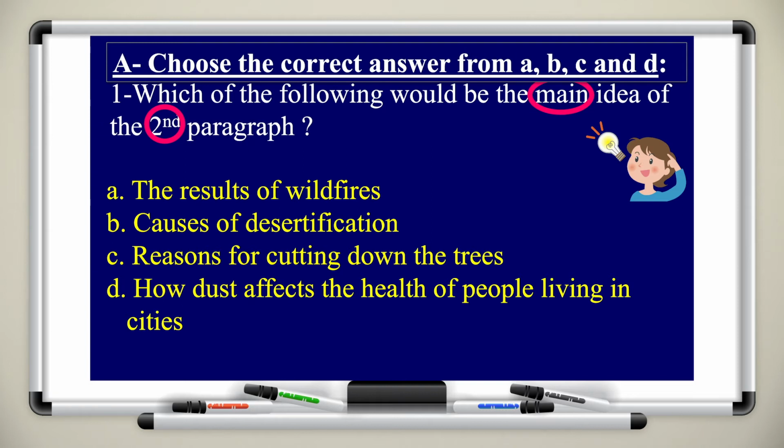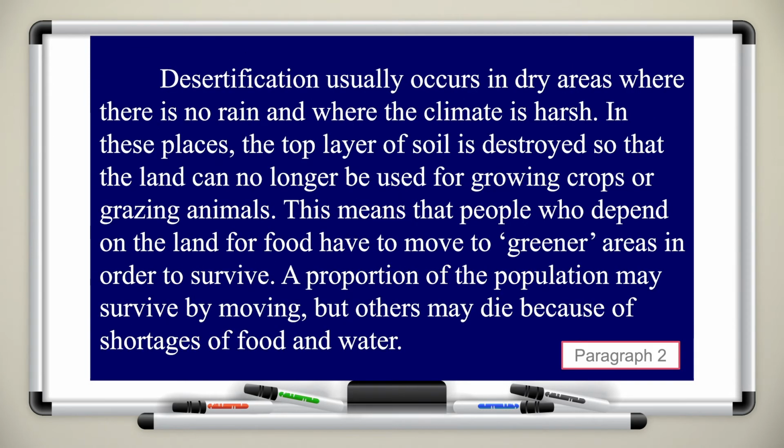Is it A, the results of wildfires? Is it B, causes of desertification? C, reasons for cutting down trees? Or D, how dust affects the health of people living in cities? Paragraph 2.